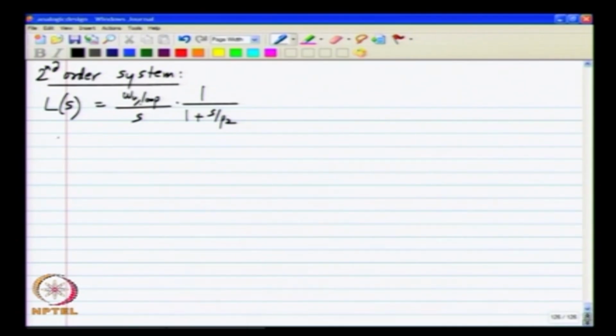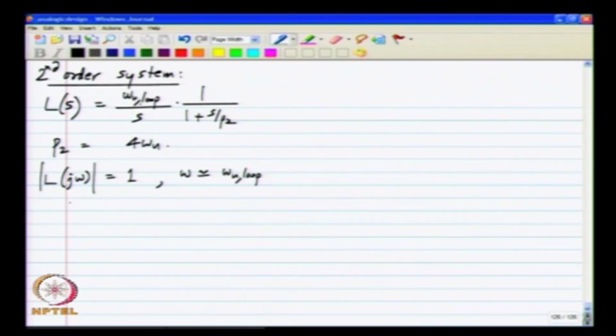And the magnitude of L of j omega, let us first take the case where p 2 is 4 omega u, and the magnitude of L will be 1 when omega is approximately omega u loop. There will be some contribution to the magnitude from the second term, but it is small enough that we can ignore it.